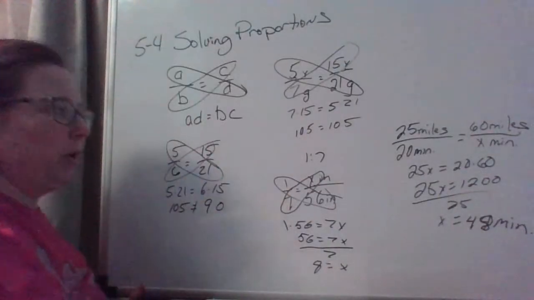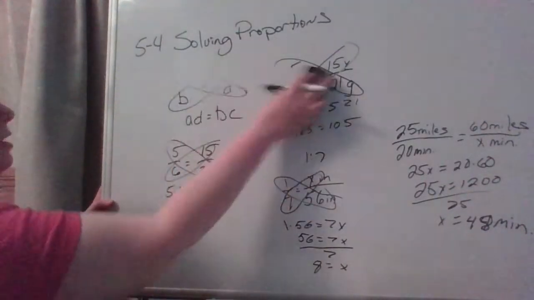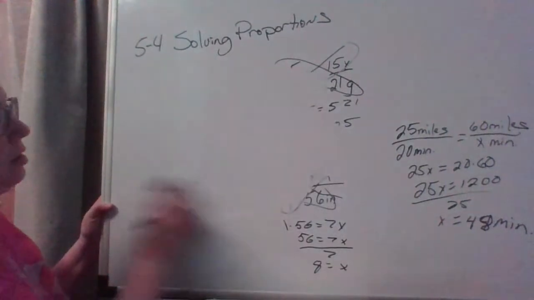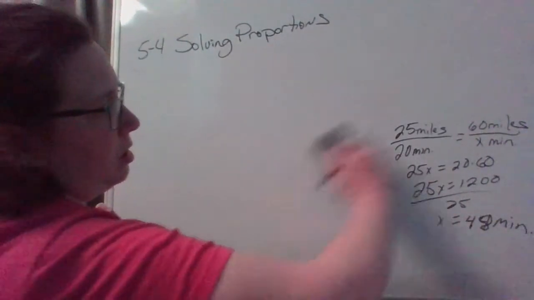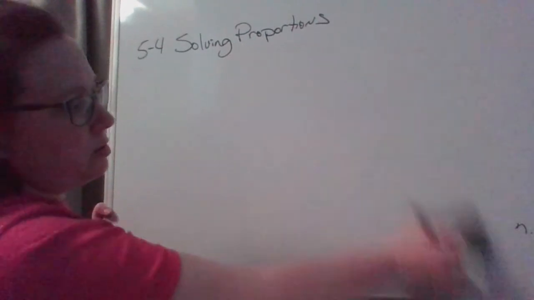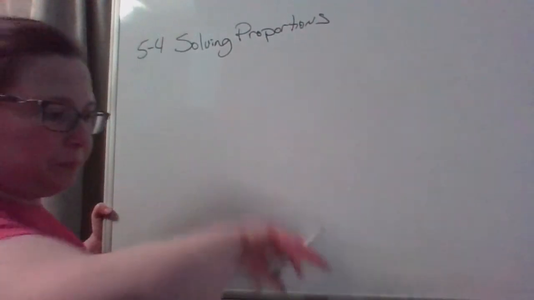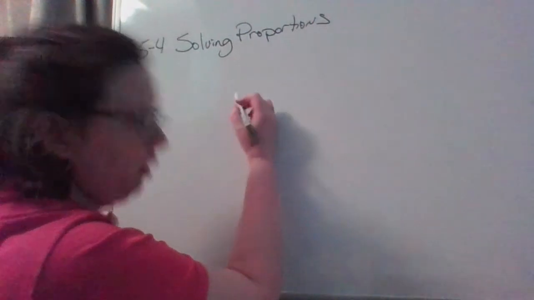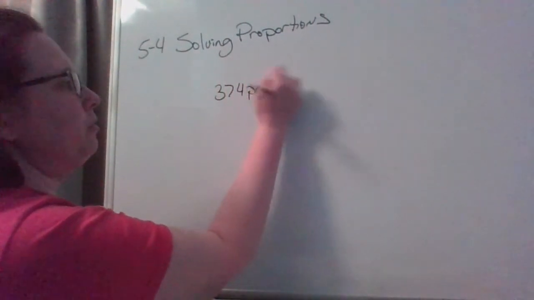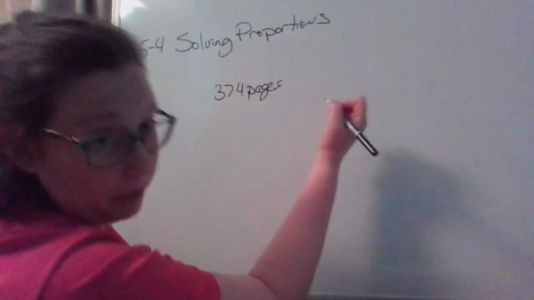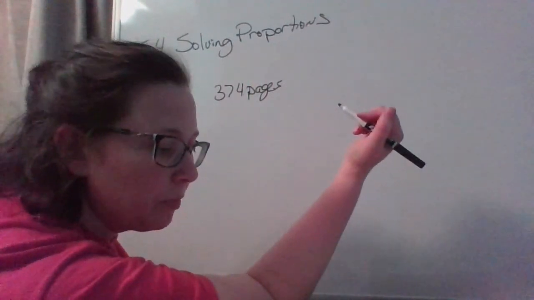One more example here. This one is a literature example. Zelenak would like this one. If you guys were reading a 374-page book, how many of you just went, yeah, no, I'm not reading a 374-page book?